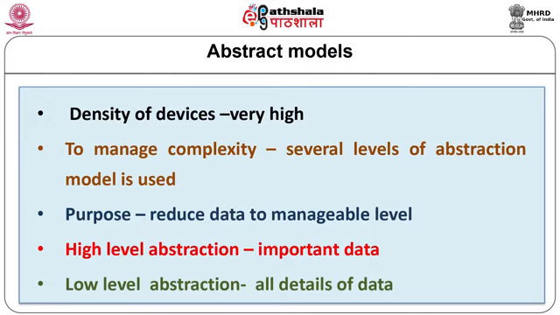The main purpose of an abstraction is to reduce the amount of data to a manageable level, so that only critical information is presented. A high level of abstraction is focused and contains only the most vital data. On the other hand, low level abstraction is more detailed and takes account of previously ignored information.